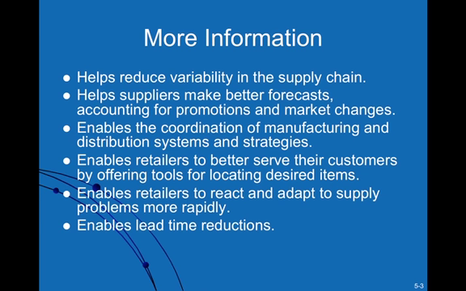So what's the value of information? Essentially, it serves a number of roles. In some cases, it could help to reduce variability in the supply chain, because the lack of information can pose a major problem for planning purposes. If there is a lack of accurate data on the customer demand, then the supplier is simply forecasting in anticipation of that demand.